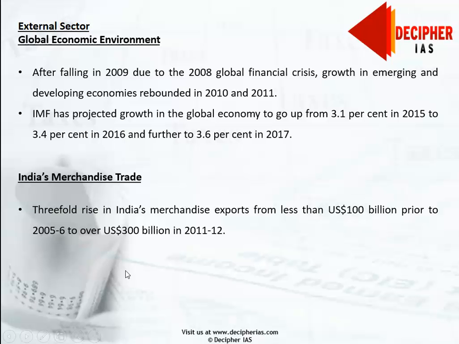This growth was composed of a high growth in exports of petroleum, oil and lubricants which we export to other countries, as well as an increase which was marked in non-POL exports, that means the exports other than petroleum, oil and lubricant exports.